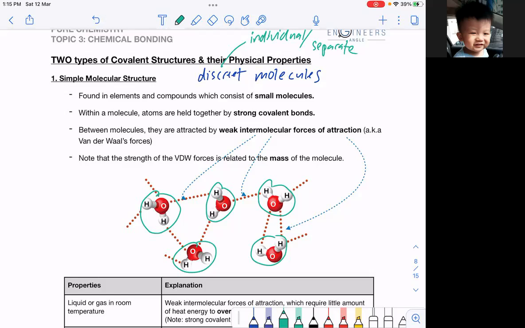These 5 molecules, are they covalently bonded with each other? Yes or no? You can vote. Do you think there is a covalent bond in between molecule A, molecule B, molecule C, molecule D, molecule E? Do you think they are covalently bonded together?